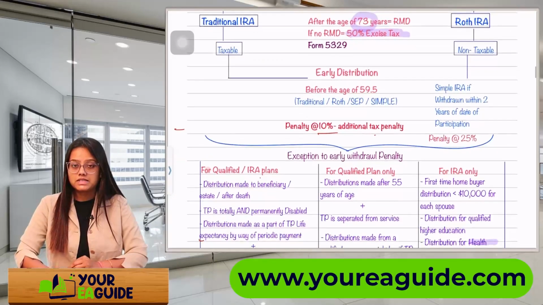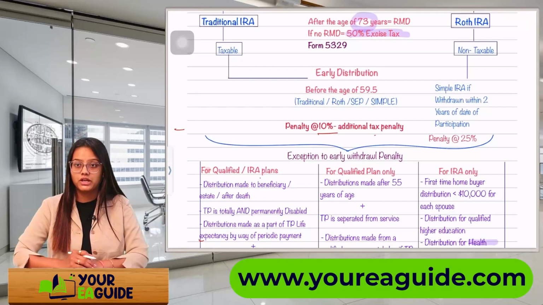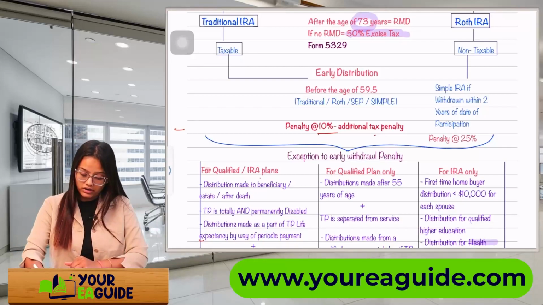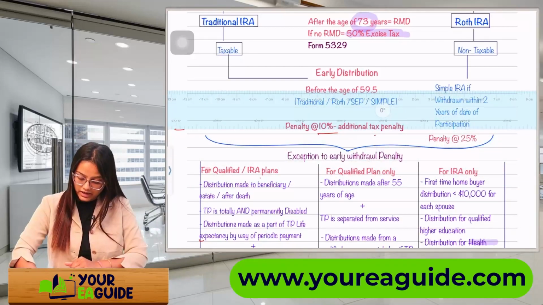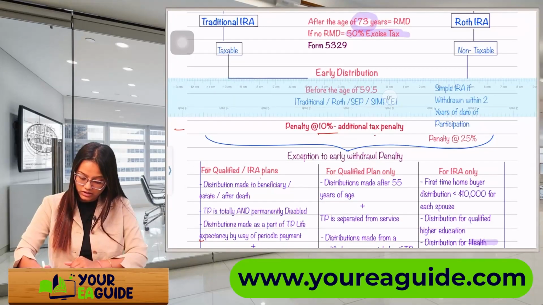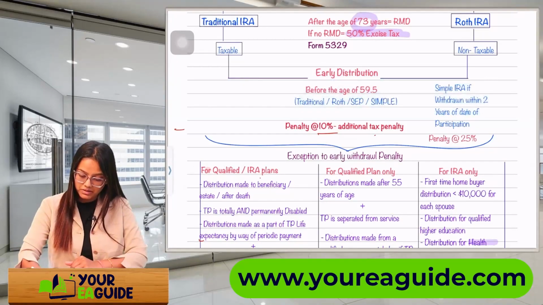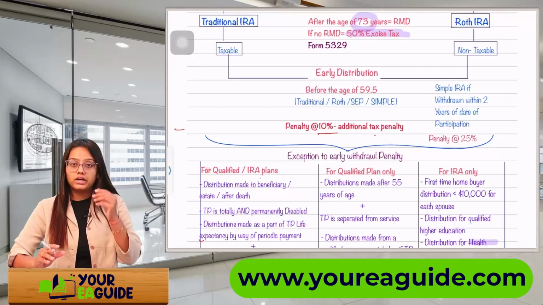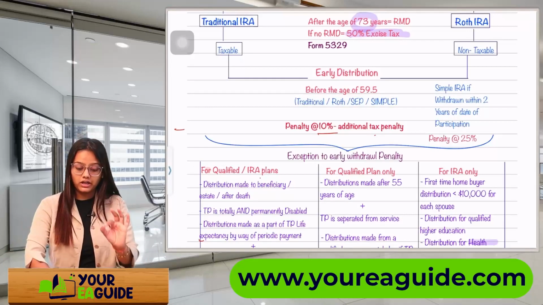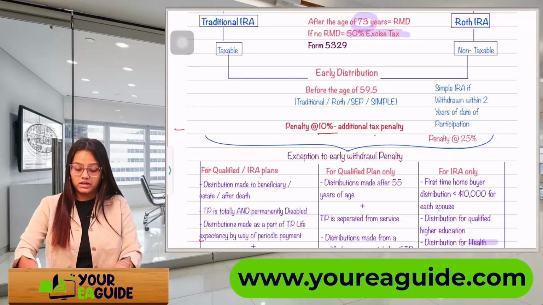Right, now let's see if you're taking an early distribution, either from a Roth IRA or a traditional IRA. In any scenario, taking an early distribution simply means that you are withdrawing the money before a certain age limit, and the IRS has given that age limit: 59.5.